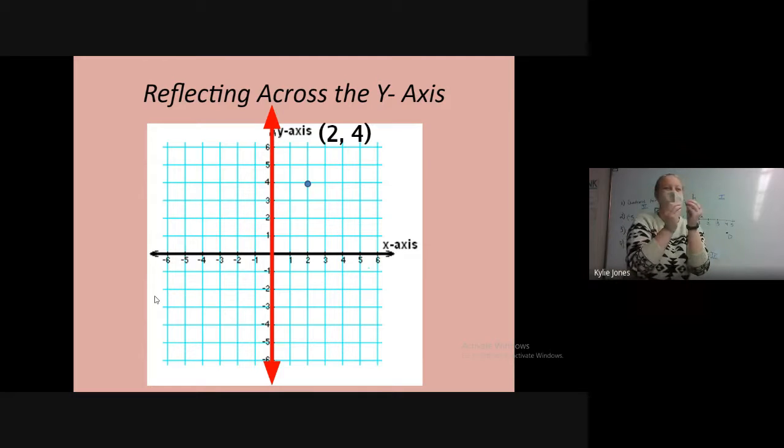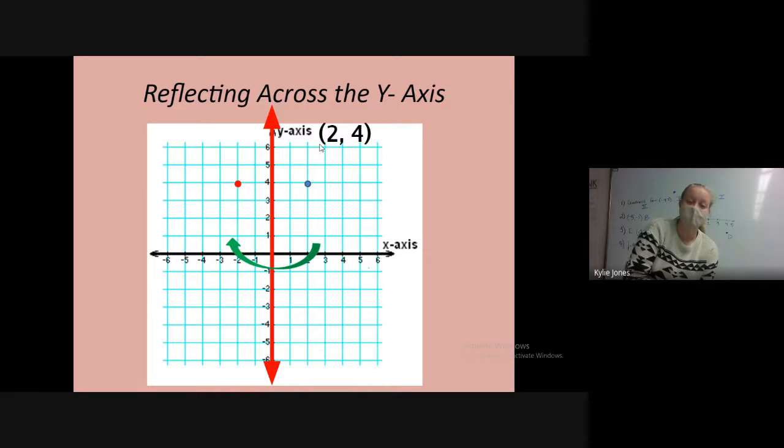So it's like an opposite reaction. To reflect something from the right side over to the left side, you change the first number, the X coordinate, so that it flips across the Y axis and ends up on the other side. If we were to take the opposite of positive 2, what does it become?